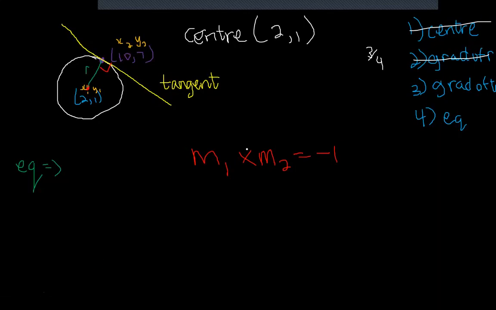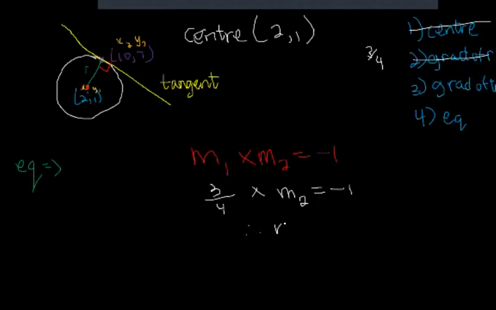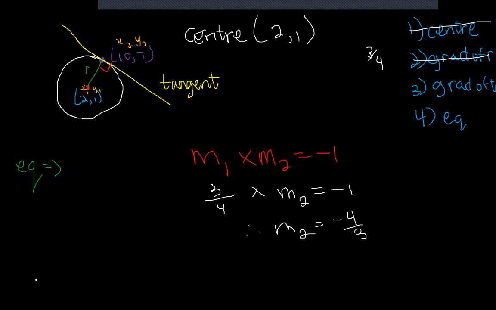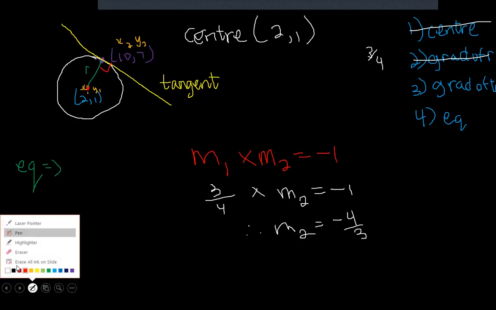Let me use white. 3 over 4. M2, the gradient of my tangent, that's what we want to find, is equal to -1. And when we solve for M2, we get that it's equal to -4 over 3. So the person who told me that, good job. That's the answer. So I'm going to continue now, but if you don't understand that, let me know.